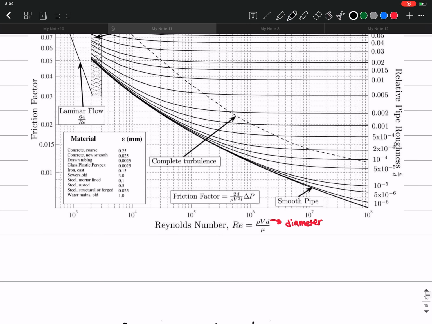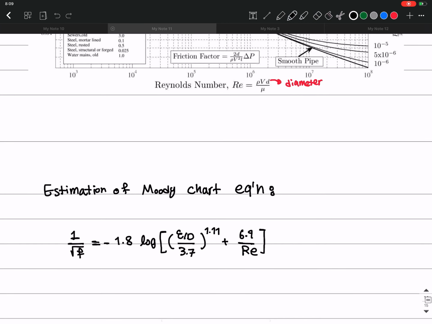So you can either use this Moody diagram, or you can use this equation, which is a little bit complicated, but you are free to use any of them in the exam. So we will give any of them for you to calculate these major losses.